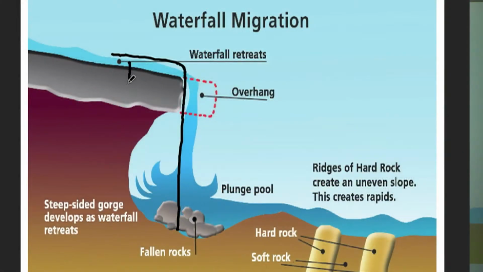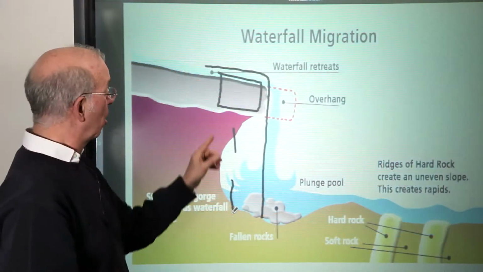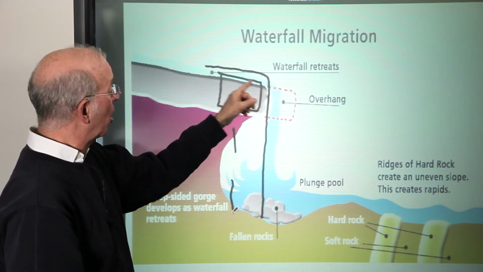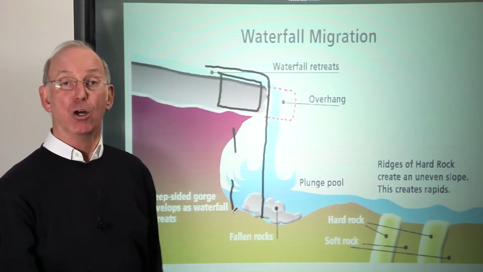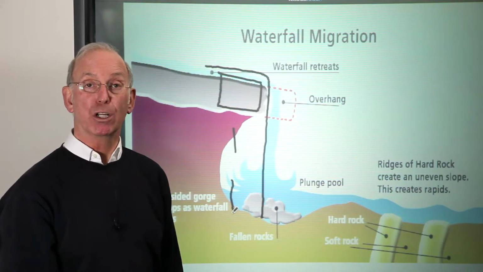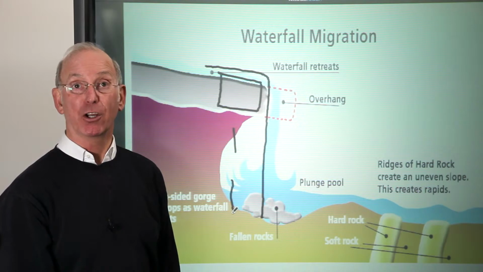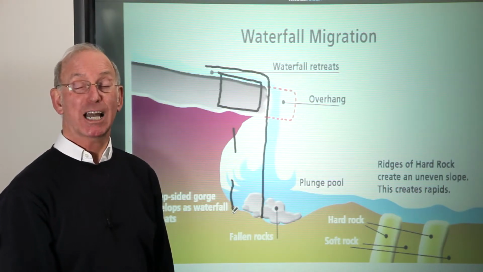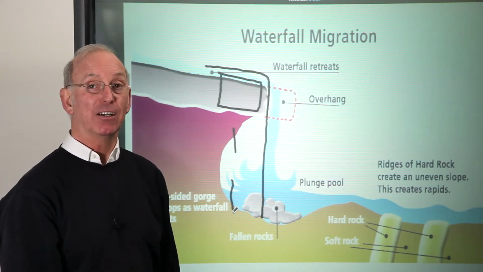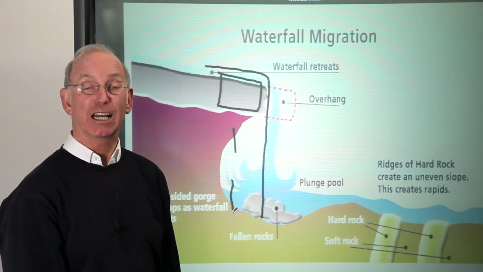In time, the waterfall will lose this block. And as you can see, when that block crashes into the pool, you're going to have a new waterfall there, which will actually be higher than the waterfall there. So as the waterfall retreats, as all waterfalls do, this scenario gives you a waterfall that is actually getting higher. In the next scene, you will see a waterfall that gets lower.